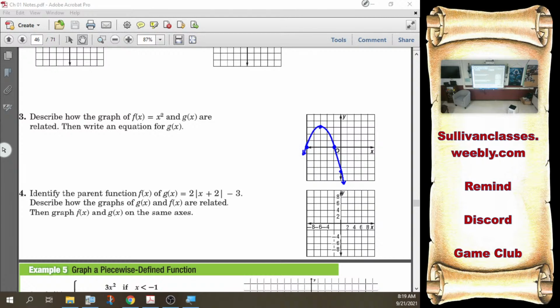So we're doing number 3. You're doing the one that's got the graph on it.